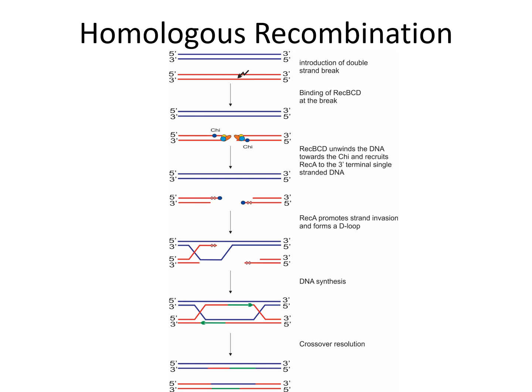The RecBCD protein can produce a single-stranded tail, which is then coated by the RecA protein, and this will allow the tail to invade a double-stranded DNA duplex and search for a region of homology.